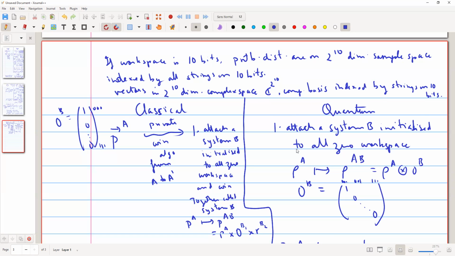The set of all your bit strings indexes your computational basis. So that is where the computation or the information processing comes in. If you want to use your quantum system for computation, at some point you will have to express things in terms of a basis, and then you'll say this basis vector in my identification corresponds to the bit string 0, 1, 0.